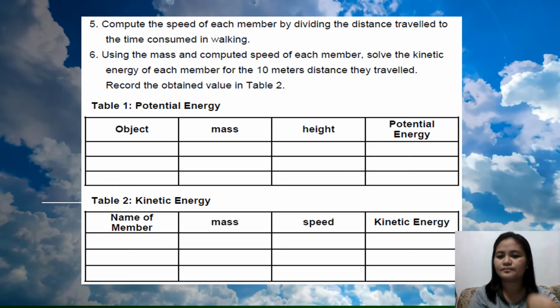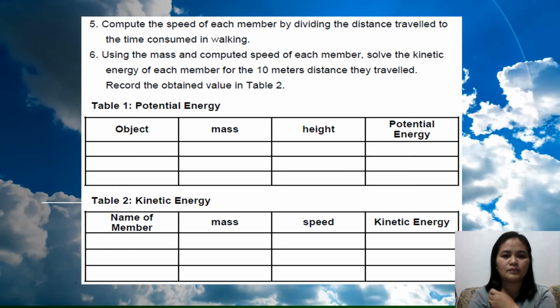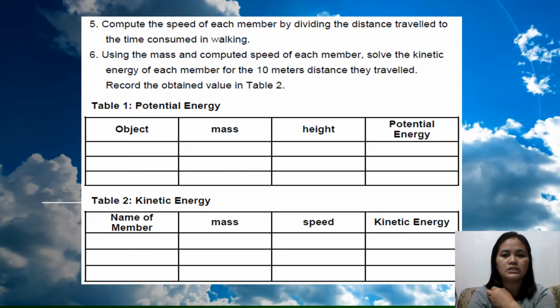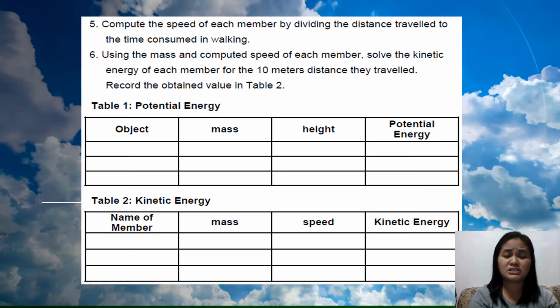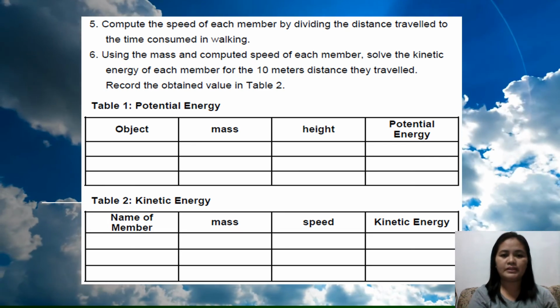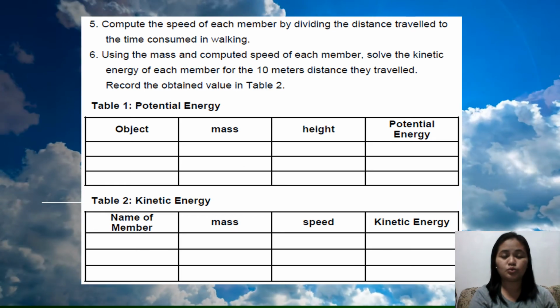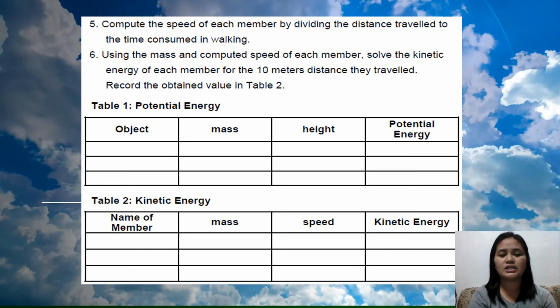I-apply nyo lang yan. So, ang una nyong gagawin dyan sa table 2, dapat alam nyo yung speed. Paano daw? I-divide mo si 10 meters, kasi 10 meters naman talaga yung lalakarin nila, di ba? 10 meters divided by kung gaano katagal, ilang minuto. Segundo na i-convert nyo sa seconds.